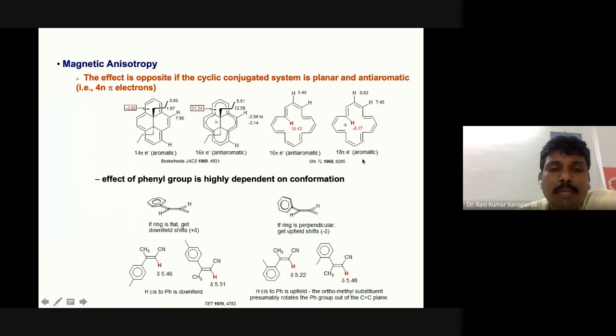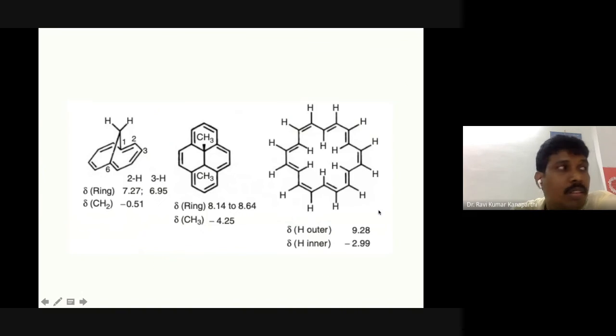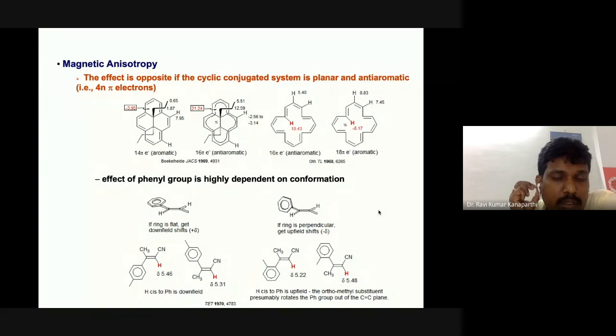There are numerous examples of this type, and once upon a time NMR was quite extensively used to classify compounds as either aromatic or anti-aromatic.